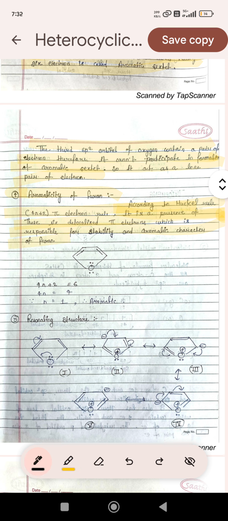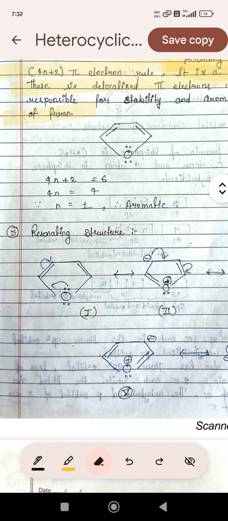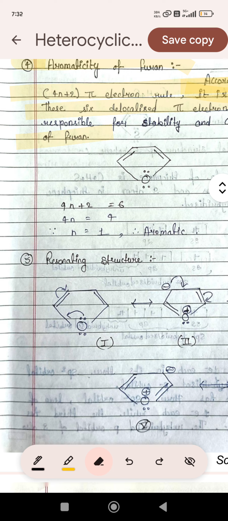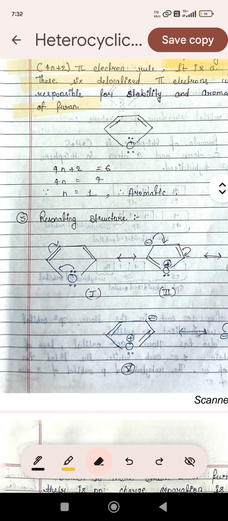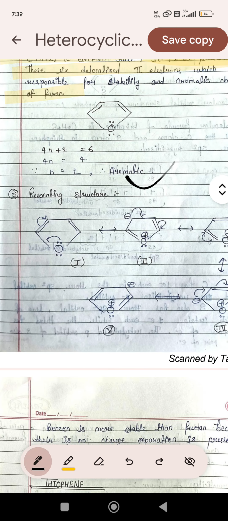So it is aromatic because there is a 6 pi electron cloud, which is known as the aromatic sextet. And here 4n plus 2 is equal to 6 electrons, n is equal to 1, which is a non-fractional number, so it is considered an aromatic structure.